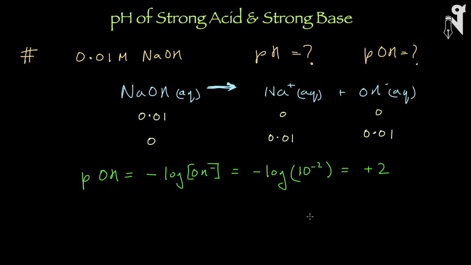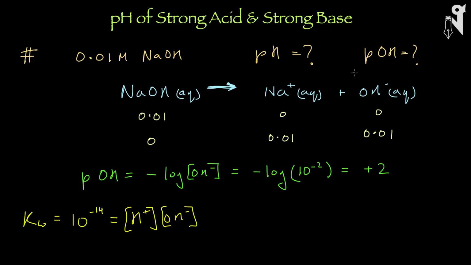Now we have done earlier that in any aqueous solution at 25 degrees Celsius, the Kw of water is equal to 10 power minus 14, and this was the multiplication of concentration of H plus aqueous and OH minus aqueous, right? So that's a constant at 25 degrees Celsius. One could say, sir, you never mentioned the temperature. Just assume the temperature to be 25 degrees Celsius if nothing has been mentioned.